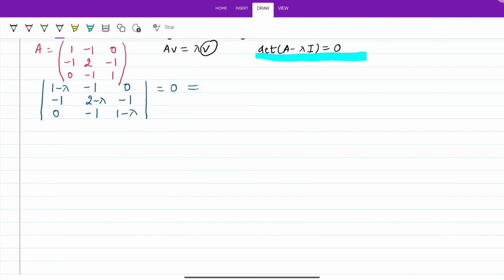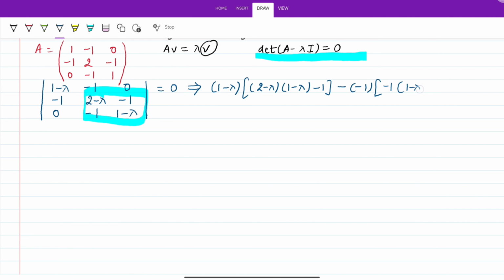On solving the determinant, we get 1 minus lambda. We'll be taking this as the minor. So that's 2 minus lambda times 1 minus lambda, and we have negative 1 minus of minus 1 times negative 1 into 1 minus lambda minus 0 is equal to 0.